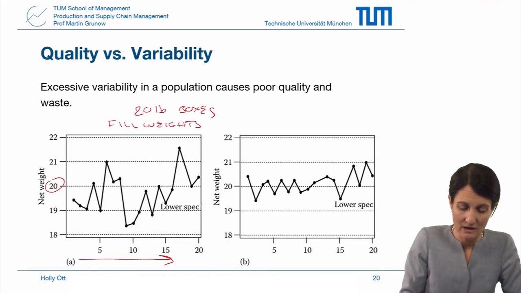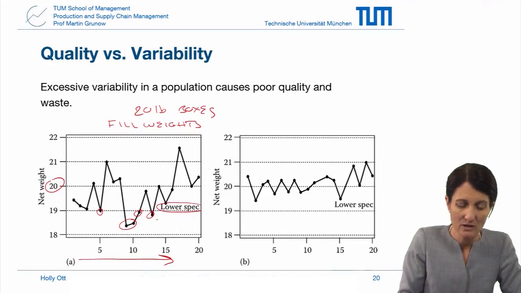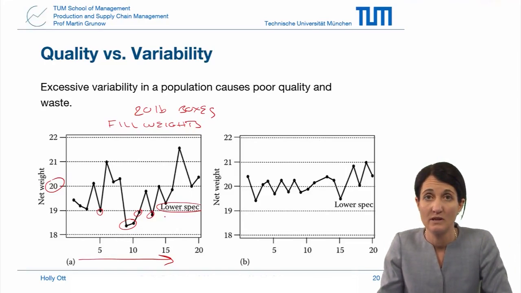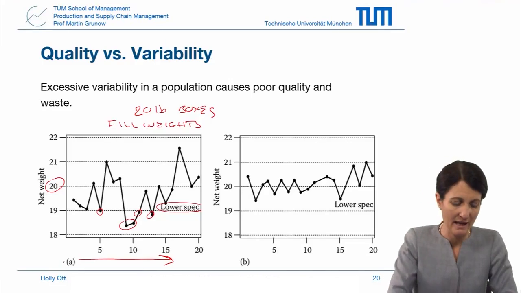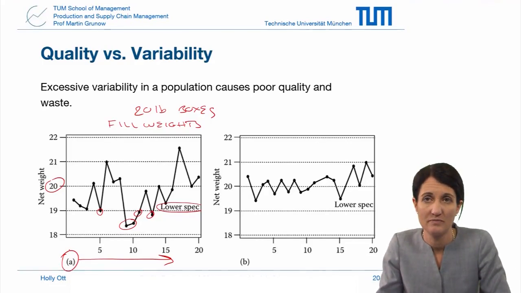And we have here a lower specification. We have some points that are either at the lower specification or lower. And this means that the boxes are not acceptable to the customer. So the problems in this line A here have to be resolved.